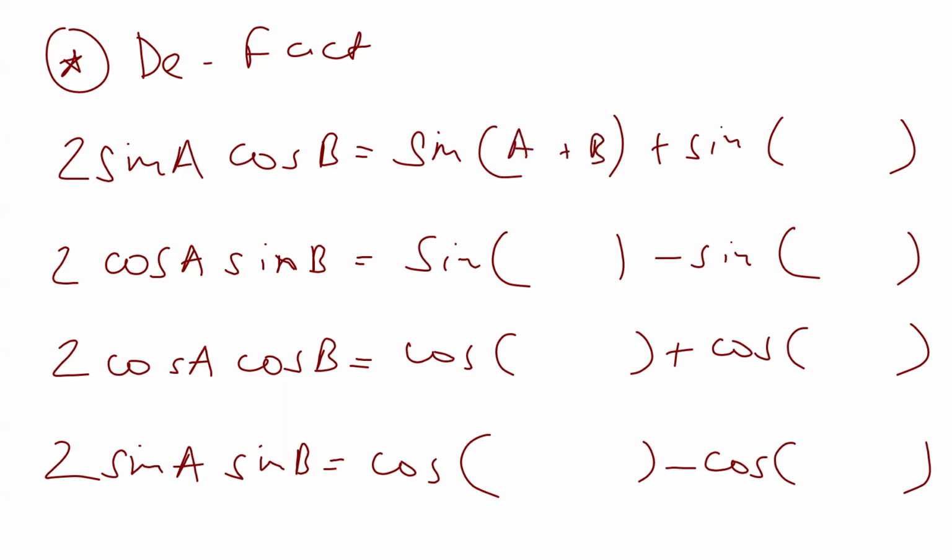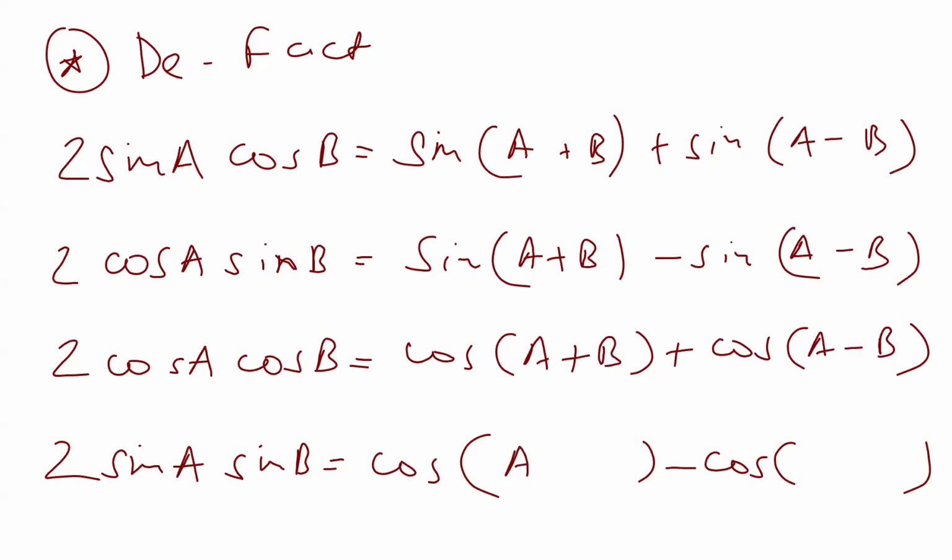So A plus B, A minus B, A plus B, A minus B, A plus B, A minus B, and then this is A minus B, and this is A plus B. Defactorization formula. Okay.